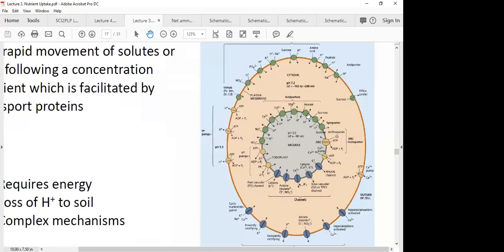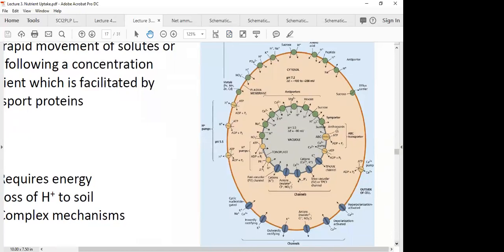All right, so you can see the presence of lots of transport proteins in the tonoplast as well as on the plasma membrane itself. Let's just take a look at some of these. We'll start down the bottom. We've got some channels, which we just referred to on one of the previous slides. So we've got an inward potassium channel and outward potassium channels. Here we've got an example of a channel that doesn't have what we call high affinity for a specific nutrient.